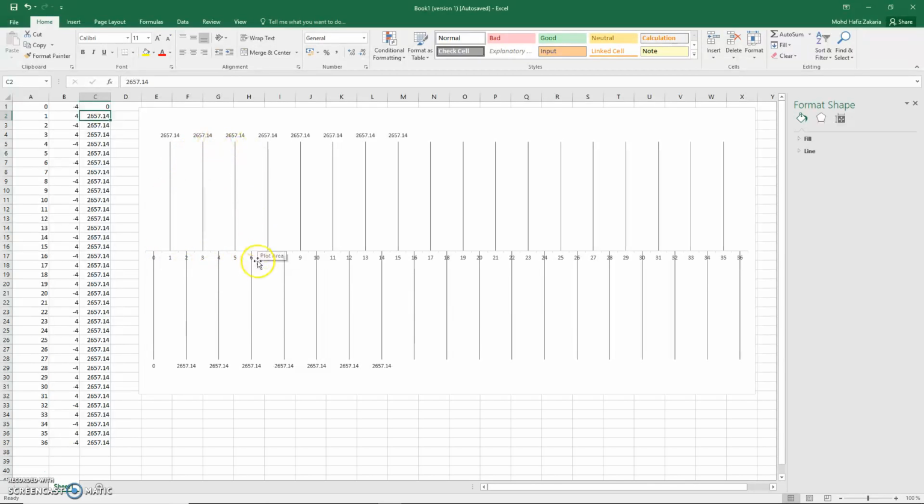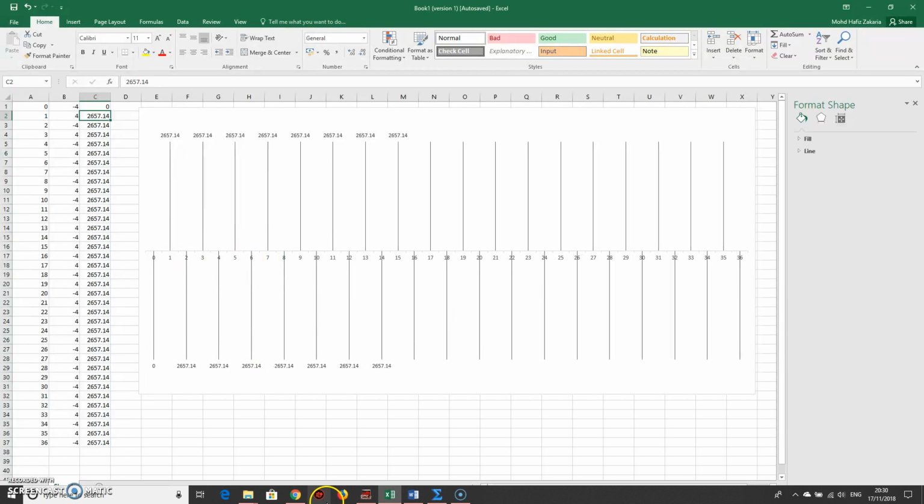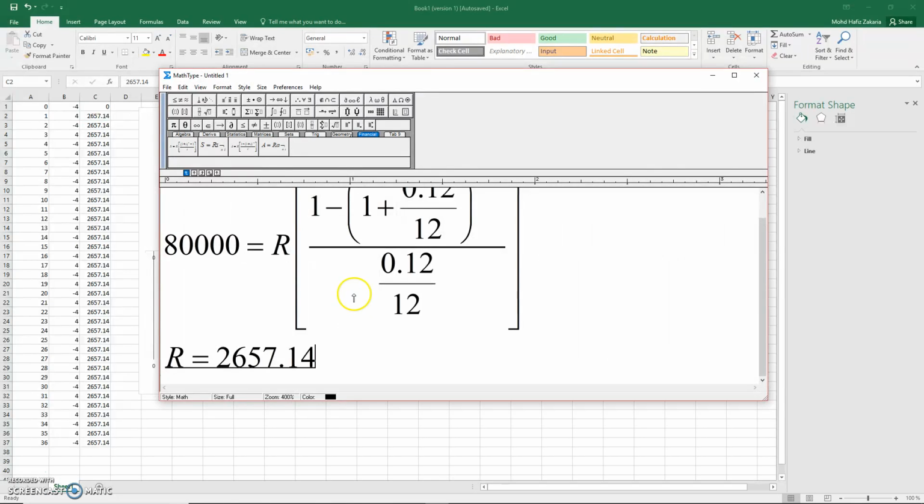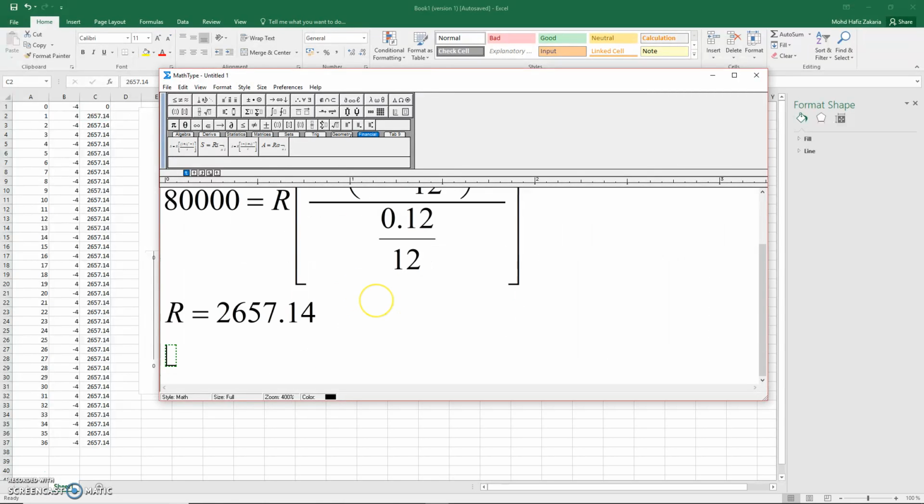How do I calculate the outstanding here? We have the annuity at this point, and to get the value at this point, we calculate the future value. We use the formula of S, the future value of annuity.